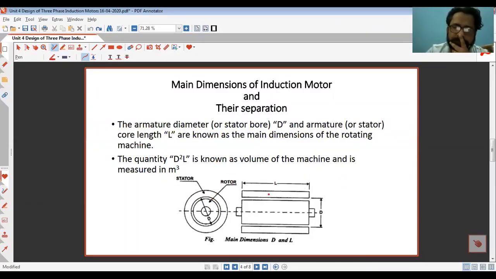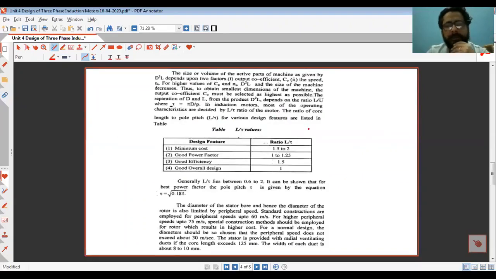L is the length of the armature or the stator core. Both are the same, because the length of the armature and the outer stator is the same, right? So these are the main dimensions, and D square L is basically the volume, which is measured in meter cube.